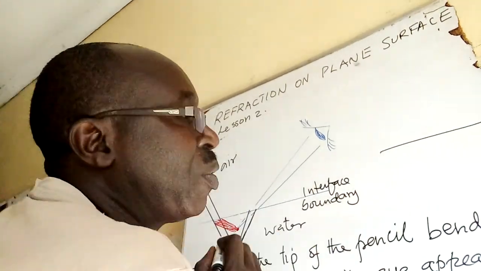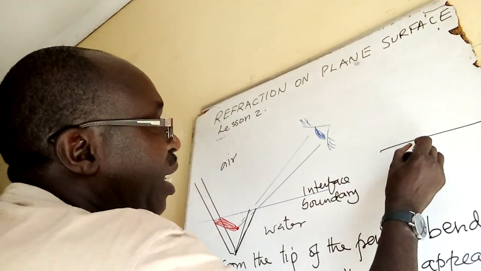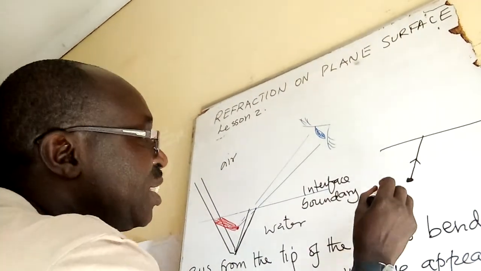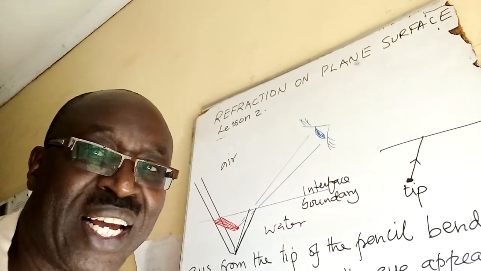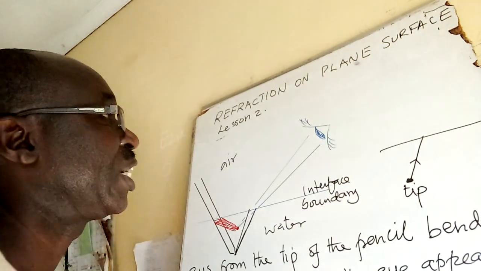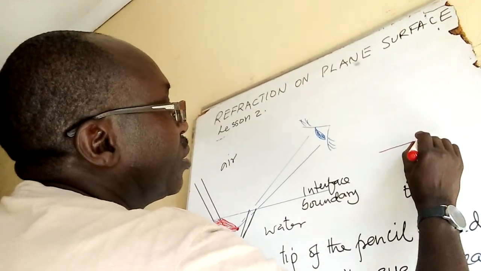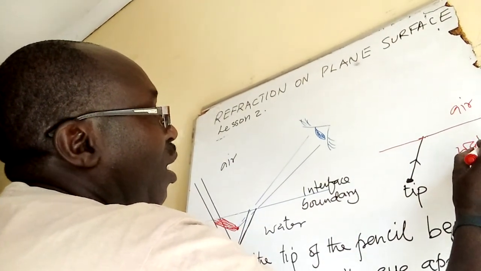If this is the boundary and this is the tip, and then I draw a ray like that. Okay? This is the tip. I draw a ray up to the boundary. So this is the boundary. This is air, this is water.